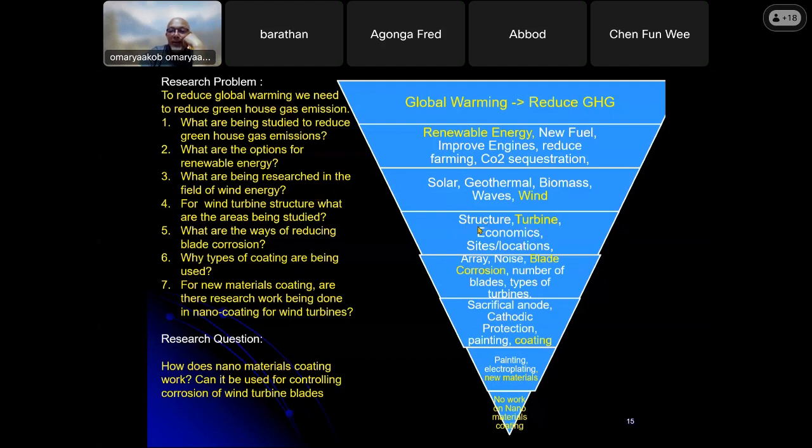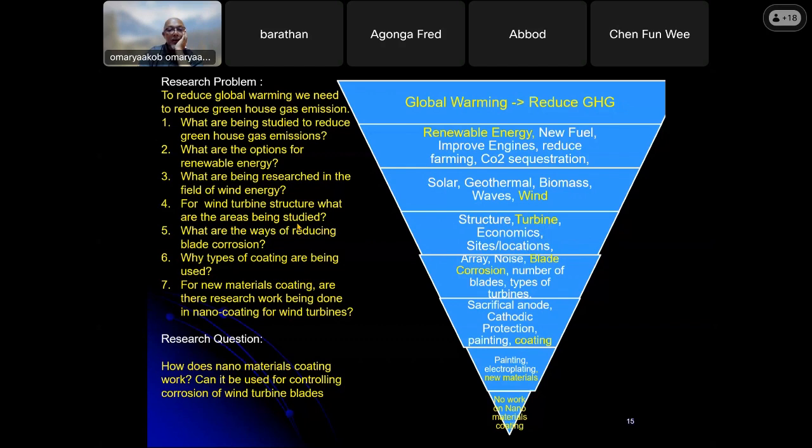You find that some literature talks about structure, some about the turbine, some about economics, site location, etc. So which one will be your focus? I'm going to focus on turbines. I'm not going to look at economics or structure itself. I'm going to look at the turbine.